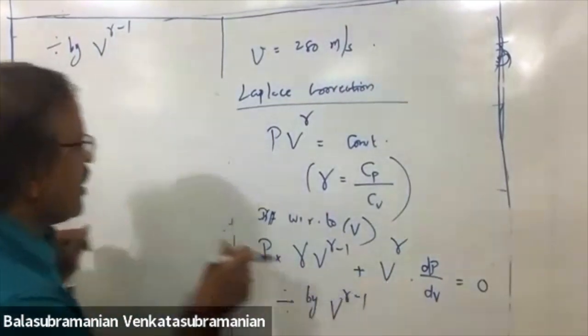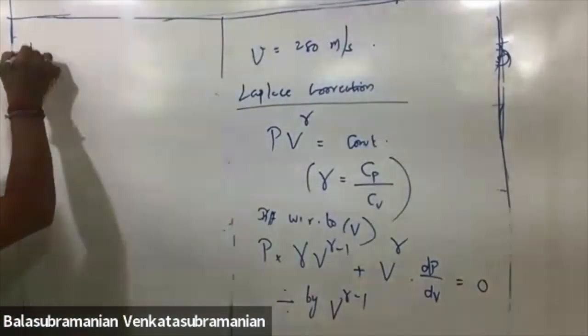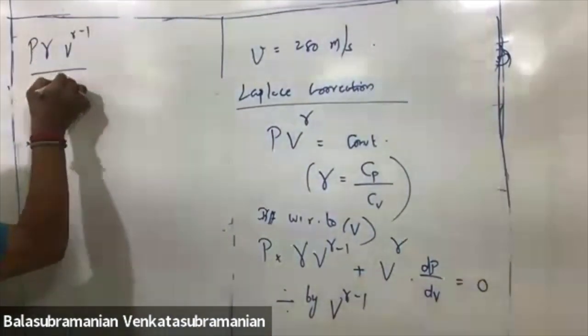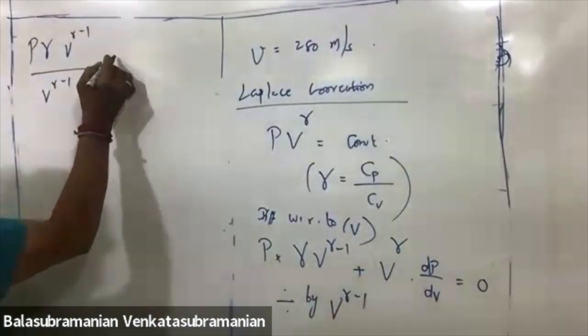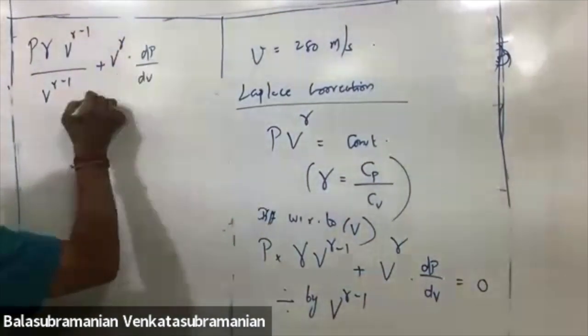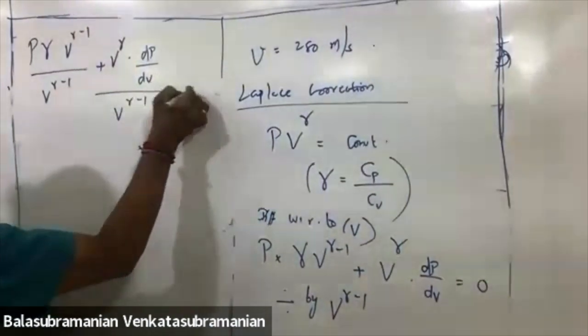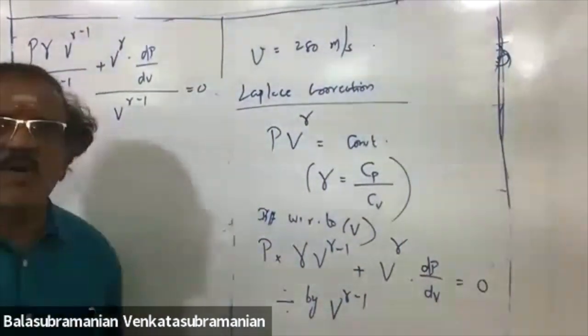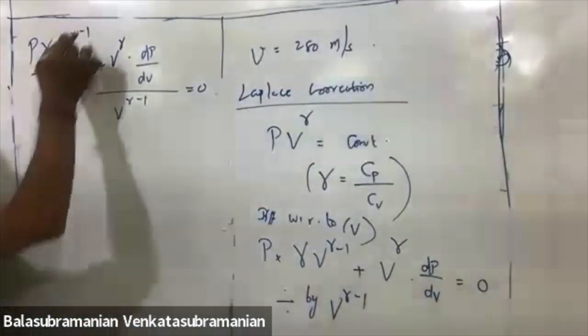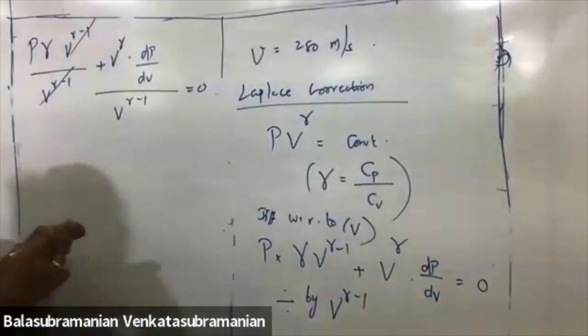And here you will get P gamma V power gamma minus 1 by V power gamma minus 1. Plus V power gamma dP by dV, whole divided by V power gamma minus 1, is equal to 0. Okay, these two cancel.